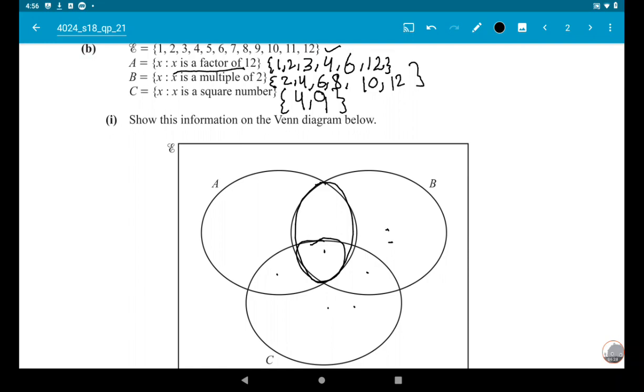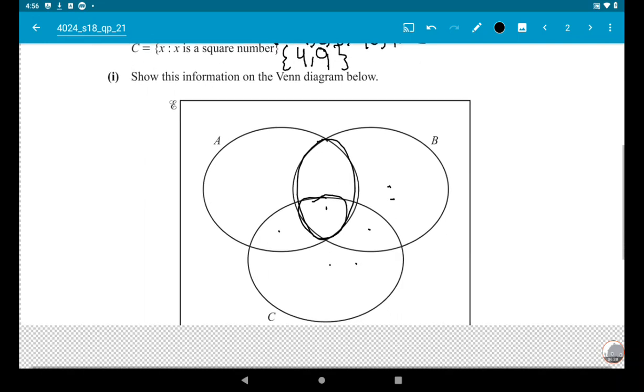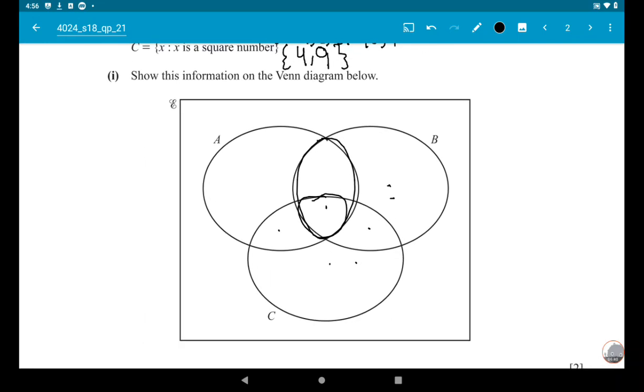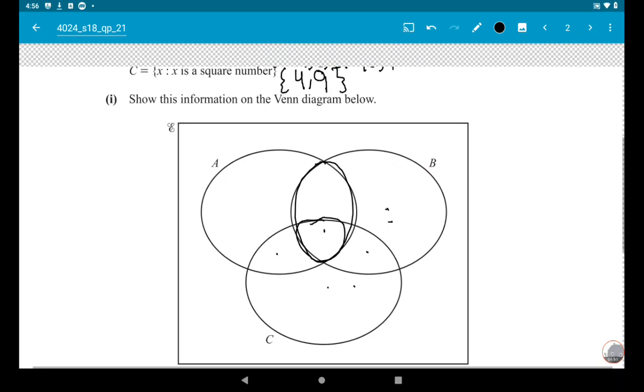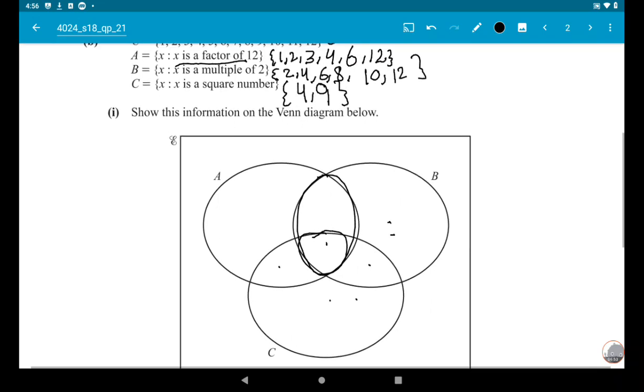First of all, we should write the common numbers of all three subsets. Subset means the universal set is the whole box, and A, B and C are in the box. That's why A, B and C are subsets of the universal set. So we should first write 4 here.